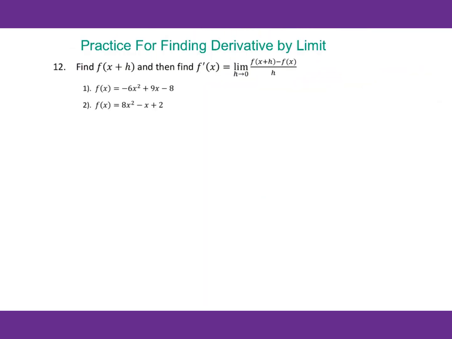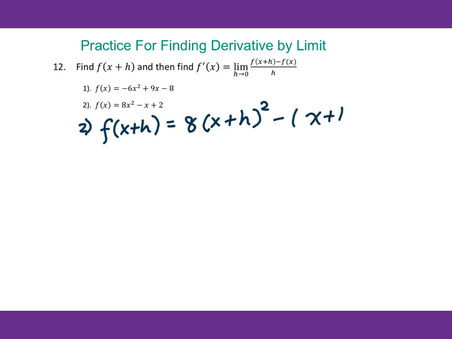Now let's go to number 2. So f of x plus h equals every single x turning into x plus h. We got the 8 times (x plus h) squared minus (x plus h) plus 2. For (x plus h) squared, we got x squared plus 2hx plus h squared.